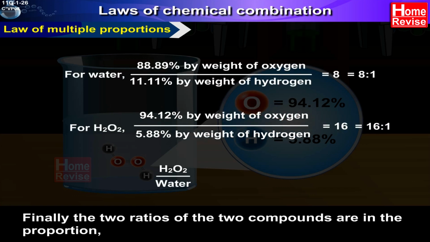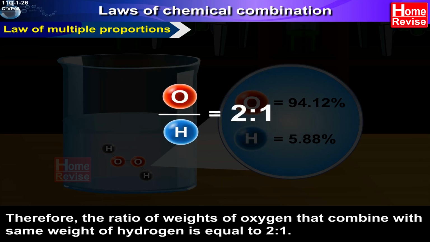Finally, the two ratios of the two compounds are in the proportion 16:1 upon 8:1, which is equal to 2:1. Therefore, the ratio of weights of oxygen that combine with the same weight of hydrogen is 2:1.